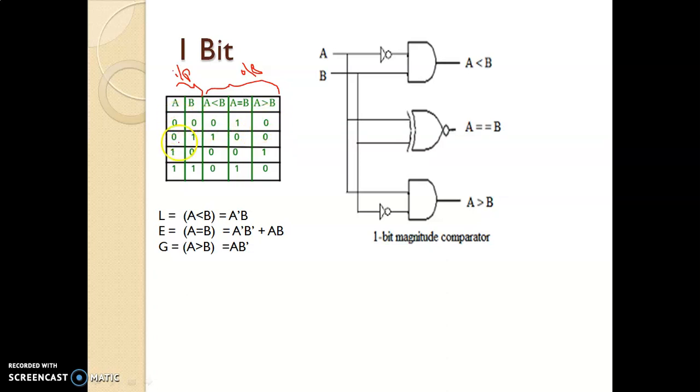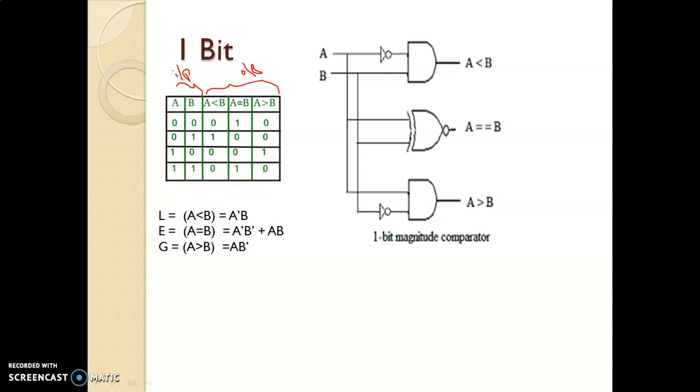Similarly, when A is 0 and B is 1, A is less than B, so A less than B has to be 1, others are 0. When A is 1 and B is 0, A greater than B has to be 1. And when A is 1 and B is 1, again A equal to B is 1, the others are 0.